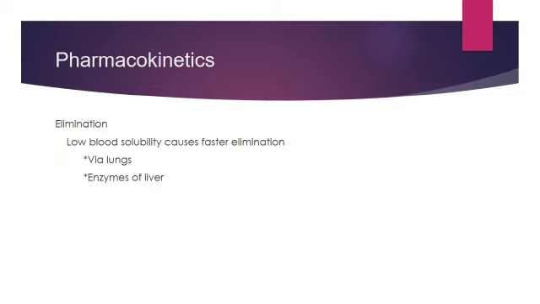Elimination. The elimination process of these inhaled anesthetic agents is exactly the reverse of the induction process. That is, all those factors that we studied during the induction process matter during the elimination process, except for two differences. The first difference is that the transfer of anesthetic from the lung to the blood can be increased by increasing its concentration in the inspired air.